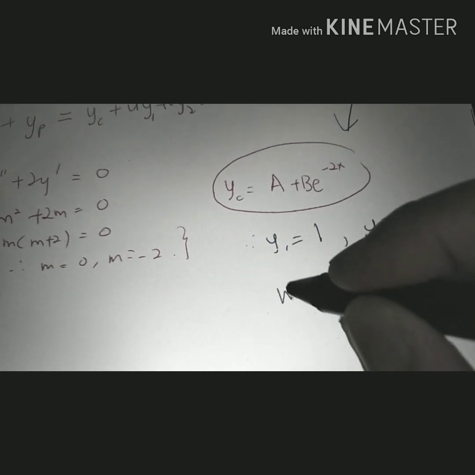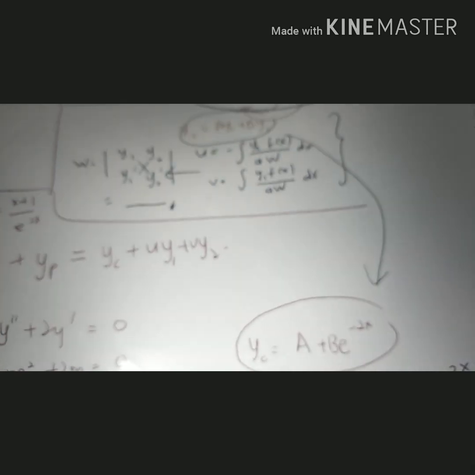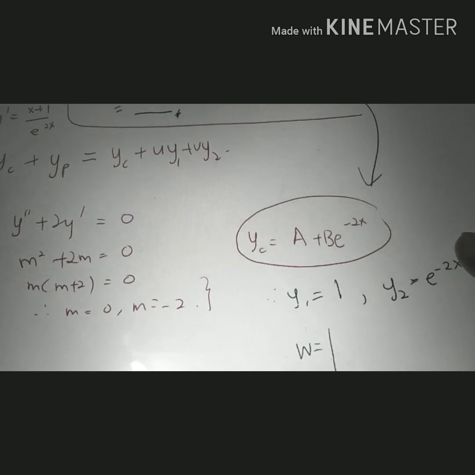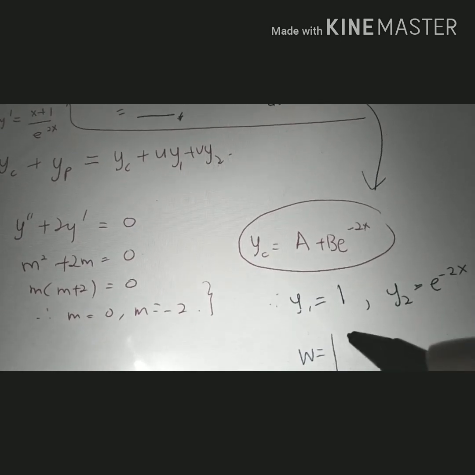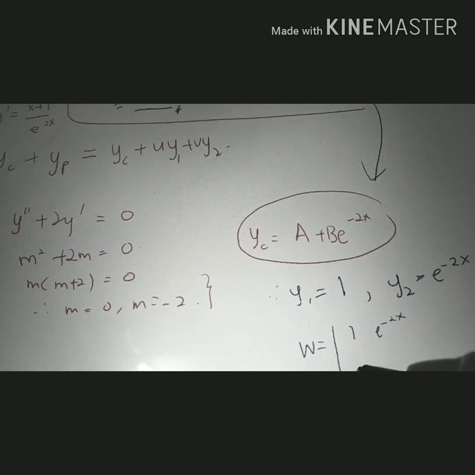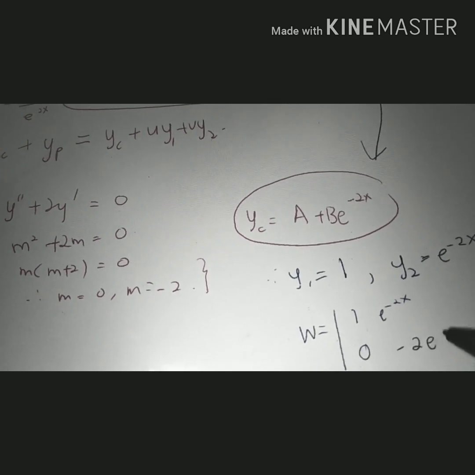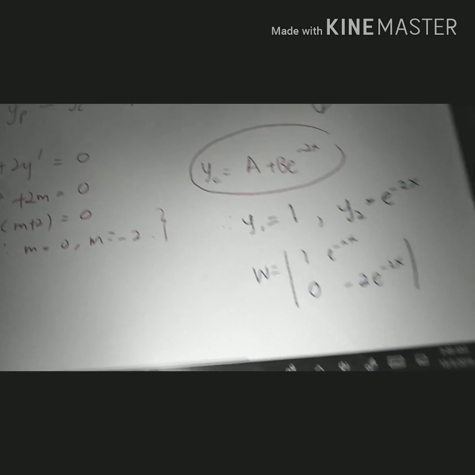Okay, so I want to find the Wronskian. Wronskian is given by this one. So y1 is 1, y2 is e to the negative 2x. The first derivative of 1 is 0. The first derivative of this one is negative 2 e to the negative 2x.